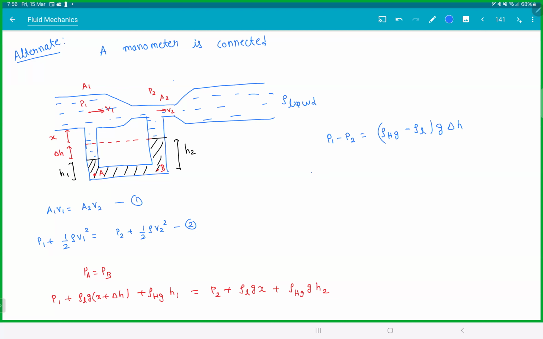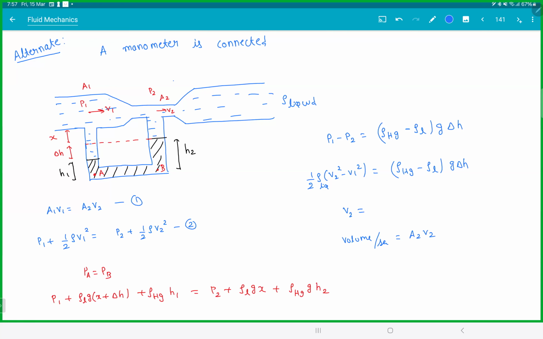And this is nothing but half rho (V2 square minus V1 square) is (rho mercury minus rho liquid) G delta H. Same thing, substitute that. From here you'll get V2's value. And the volume per second is A2 V2. You know what gas you're sending in the pipe, you know the mercury density, you know delta H from the sensors, you know everything. This is what we use in the venturimeters to measure the gas flow.